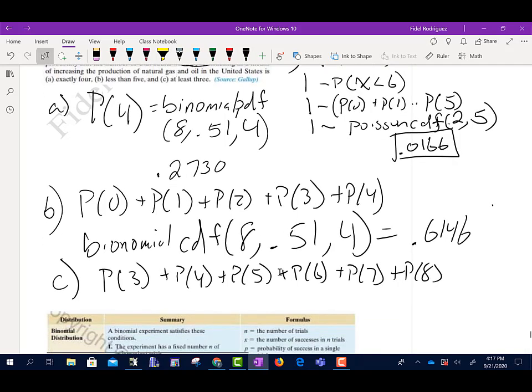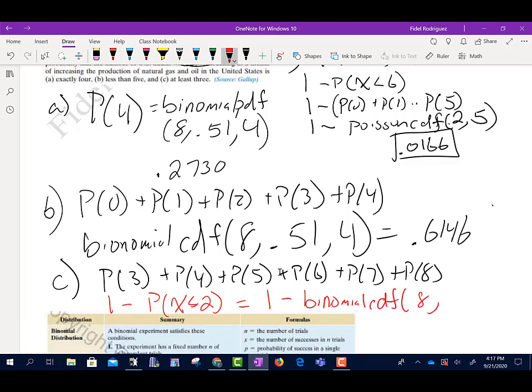Or we can say, why don't we do 1 minus the probability that we have less than or equal to 2, okay? And I could do that by using my binomial Cdf with 8, comma, 0.51, comma, 2, okay?